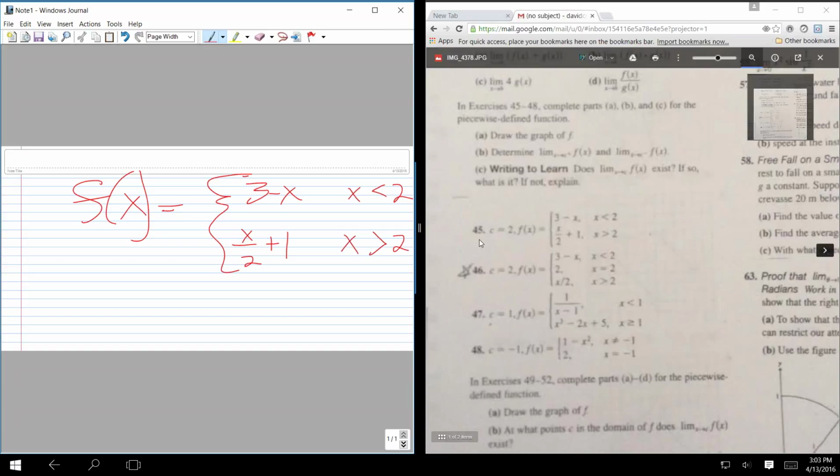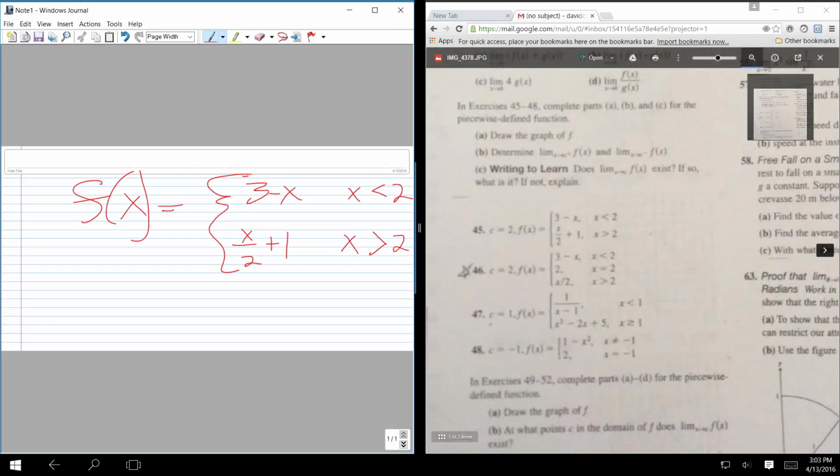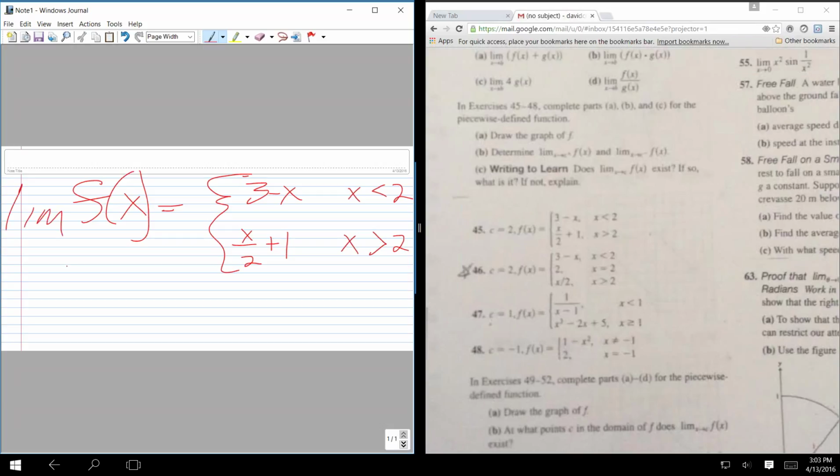What are we supposed to do here? What's the limit, does it exist, and if so, what is it? We want the limit as x approaches 2. That's our problem.